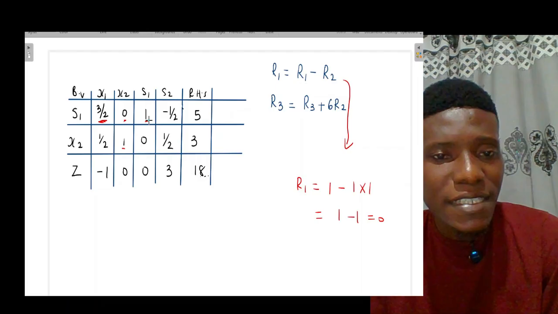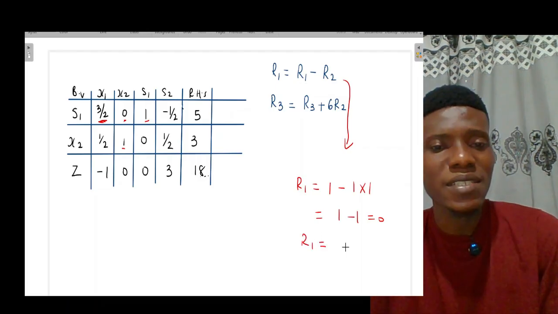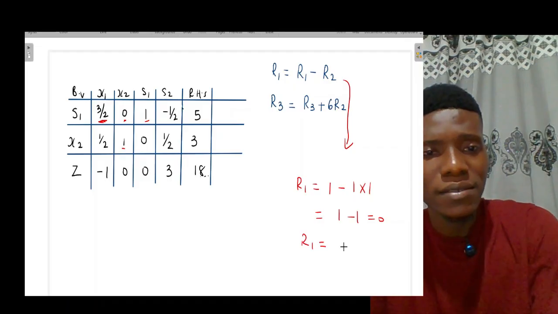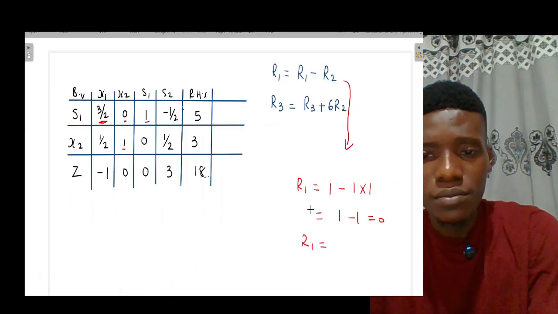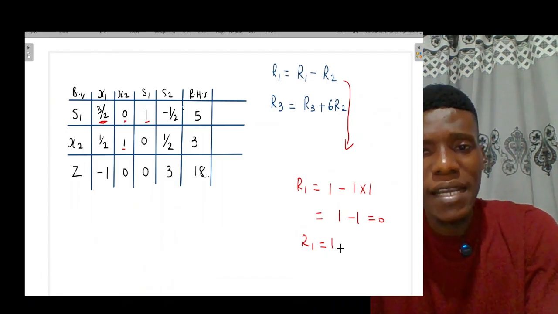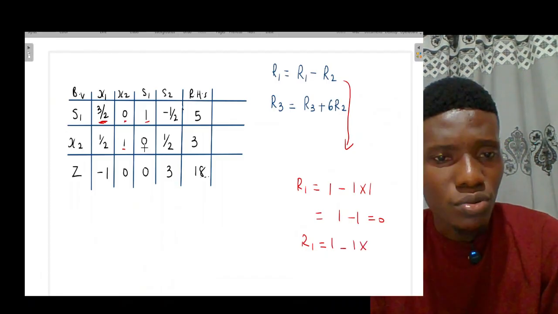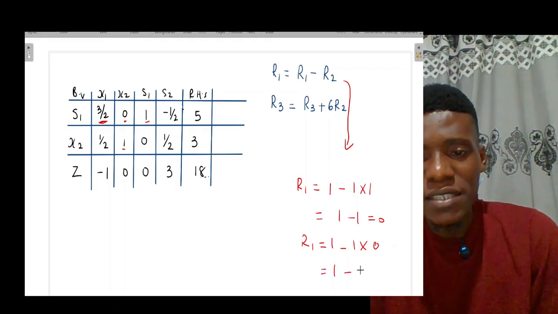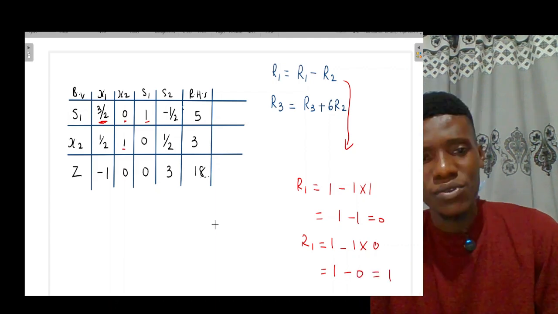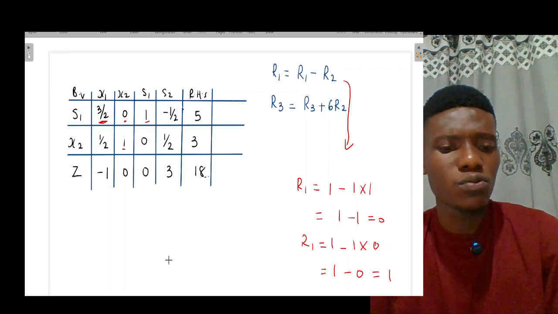To get this now, R1 now is still the old row 1, which is equal to 1, minus 1 times the new row 2, which is equal to 0. And this gives us 1 minus 0, which is 1. And that's how they got this. You can pause the video and do for the remaining 2. Then let's move to row 3.